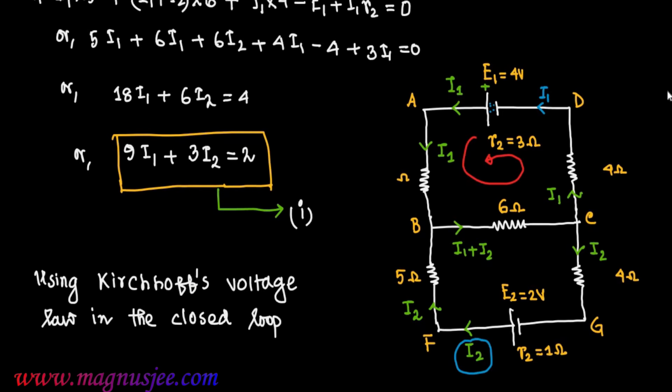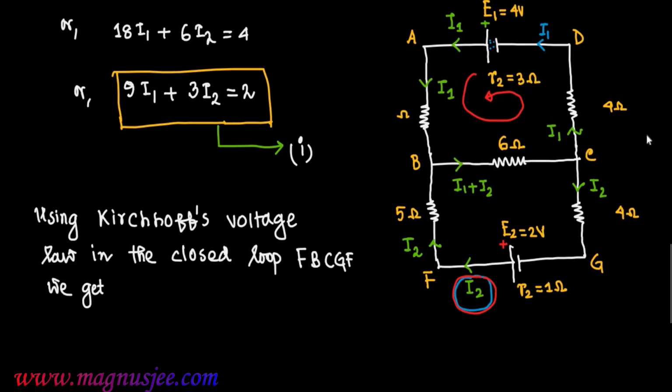In the last loop, we used KVL in the closed loop ABCDA. Now, in the closed loop FBCGF, I2 is the current which is generated from the positive terminal, and we have to take the closed path in the same direction as I2.